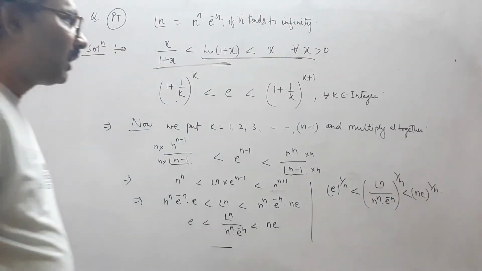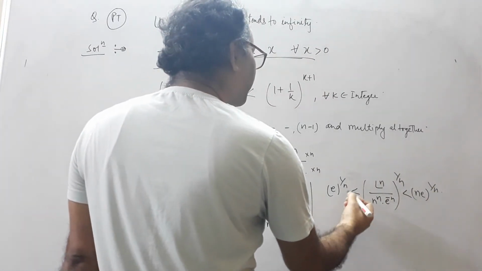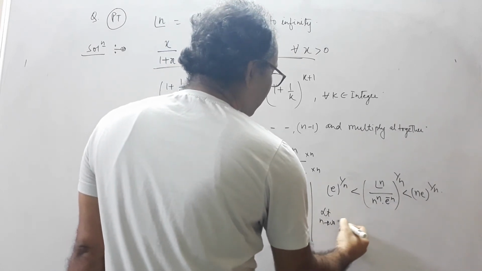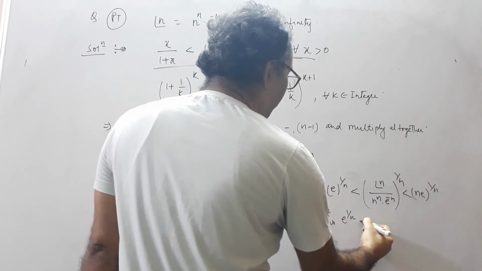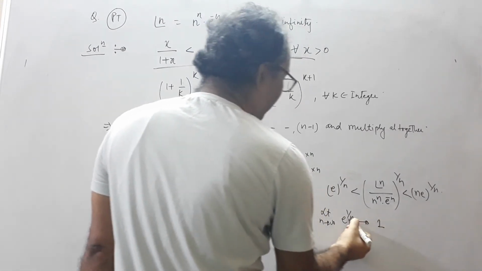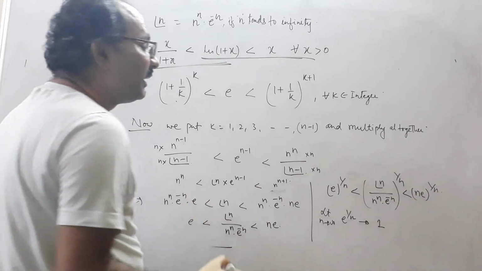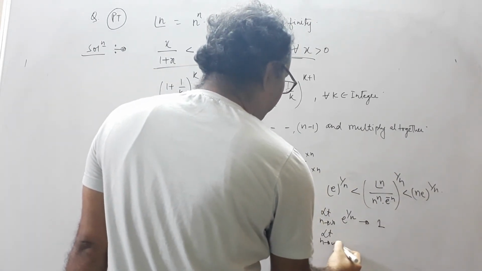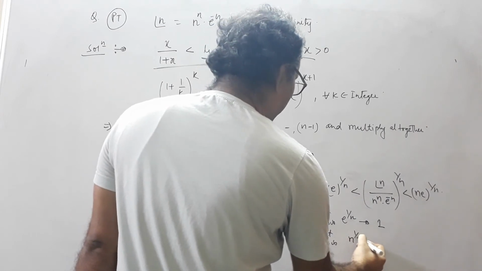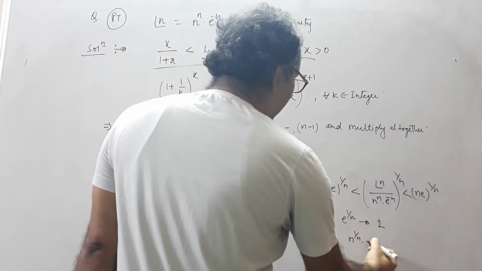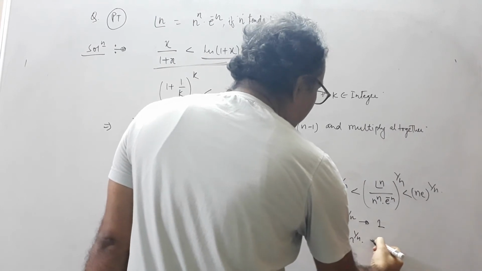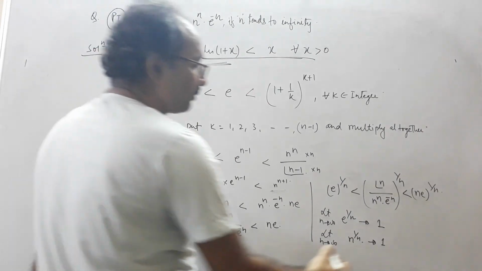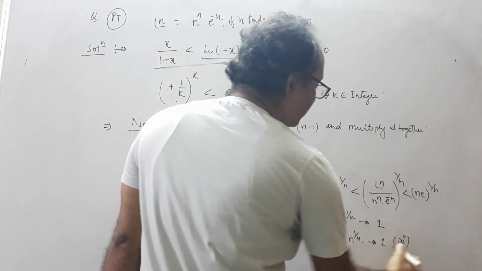Now see, as n tends to infinity, e to the power 1 by n tends to 1, and n to the power 1 by n also tends to 1. It will be infinity to the power 0 form.